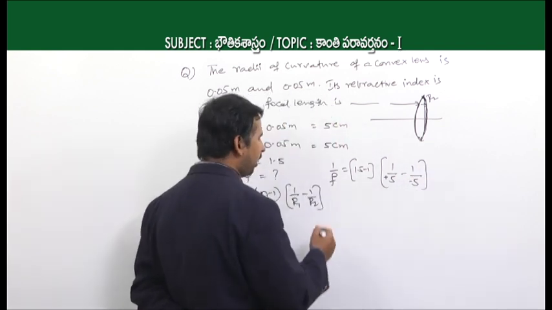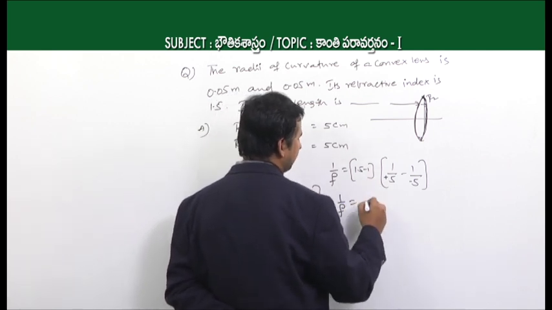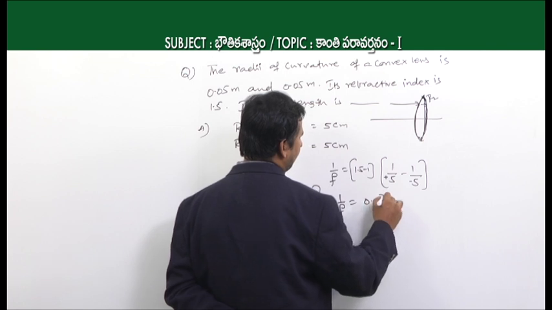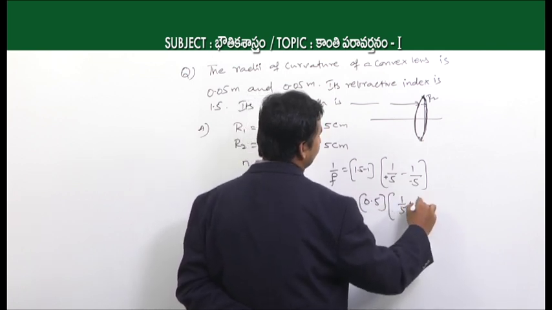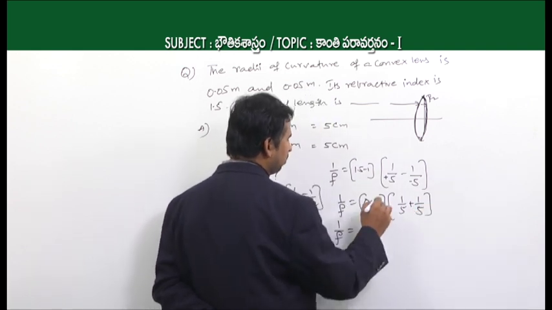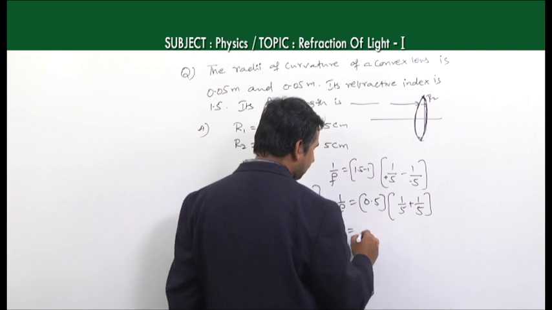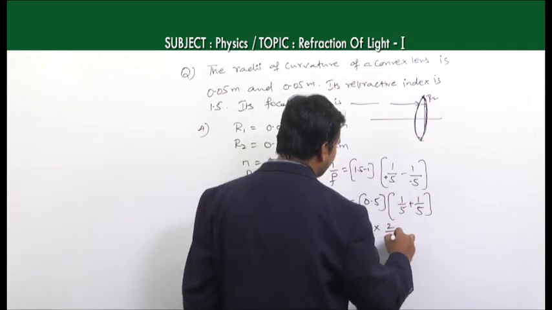Then finally 1 by f is equal to 1.5 minus 1, which is 0.5, of 1 by 5 minus of minus, which becomes plus 1 by 5. Then 1 by f is equal to 0.5, which you can write as 1 by 2, times 1 by 5 plus 1 by 5, which becomes 2 by 5.